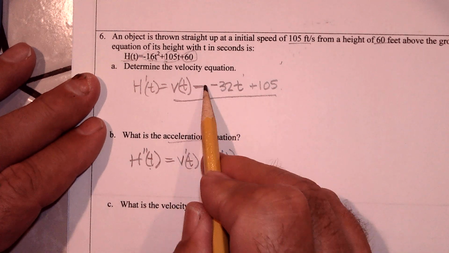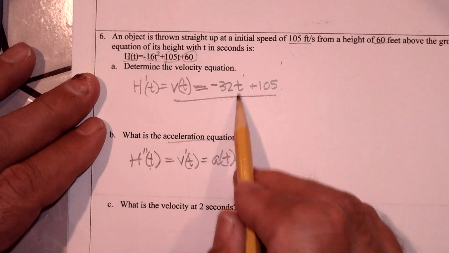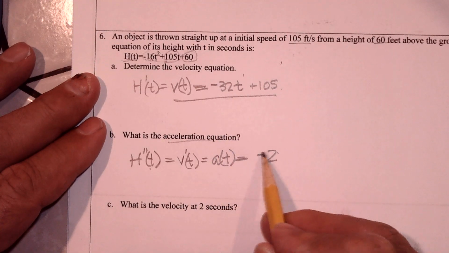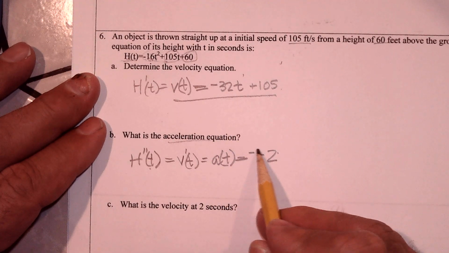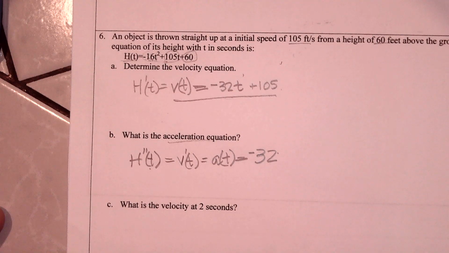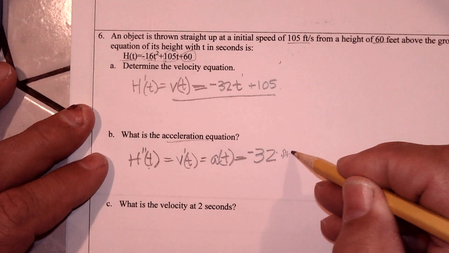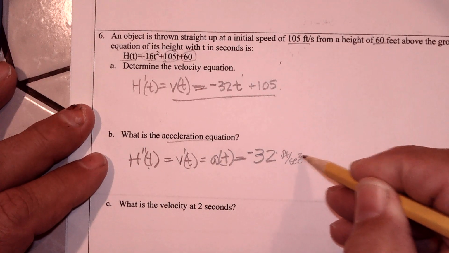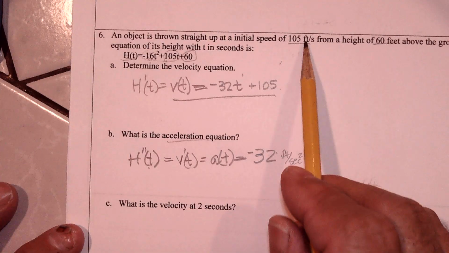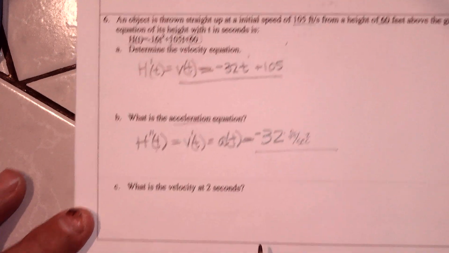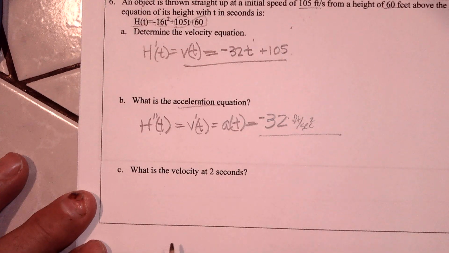And the derivative of this is negative 32. Turns out it's actually negative 32 feet per second squared, because this is in feet and seconds. But you don't have to put the units on the equation.